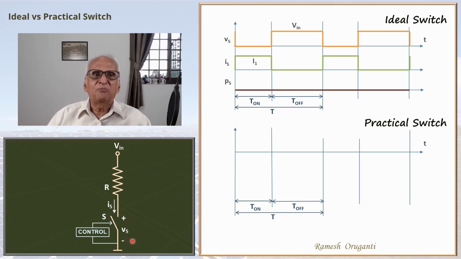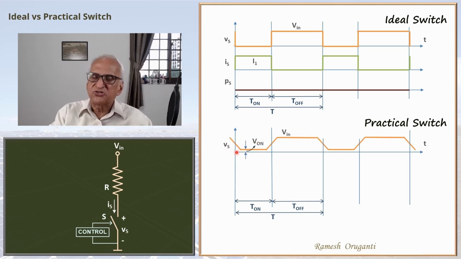So we need not worry about it. And the voltage will be Vin as we saw in the ideal case. So the voltage waveform will be as shown. When the switch is on, the voltage is low but not 0, V on. And when the switch is off, since the current is practically 0, the voltage will be again Vin.